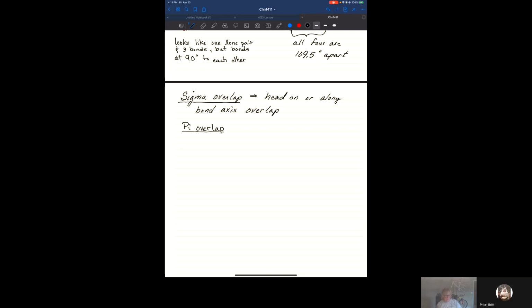Pi overlap is that side-to-side overlap. It is not directionally right at each other.